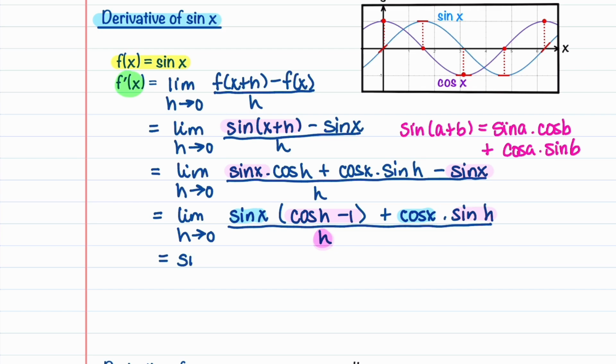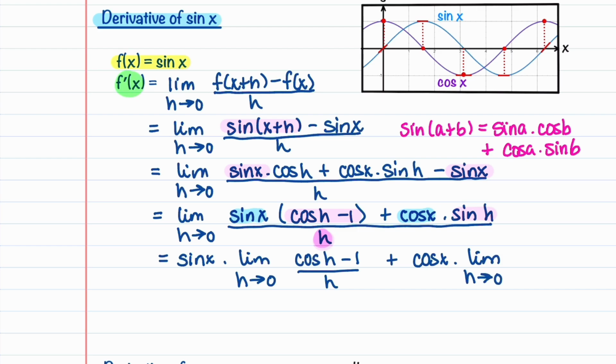This gives us sine x times the limit as h goes to 0, cosine h minus 1 all divided by h, plus cosine x times the limit as h goes to 0 of sine h over h.